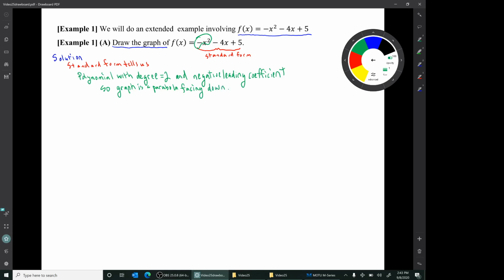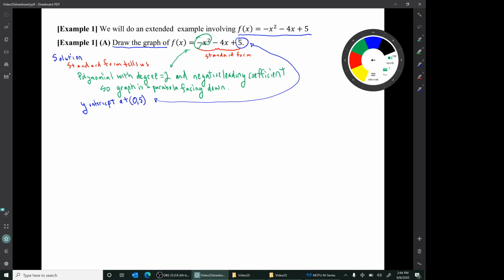The other thing that the standard form tells us is that plus 5 tells us that the graph has a y-intercept at the point 0, 5. That's all from the standard form.